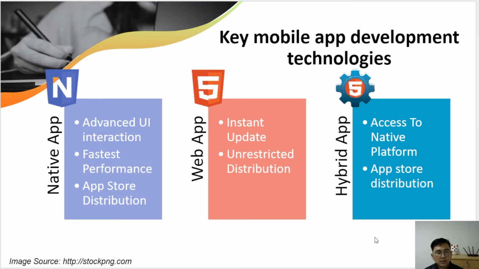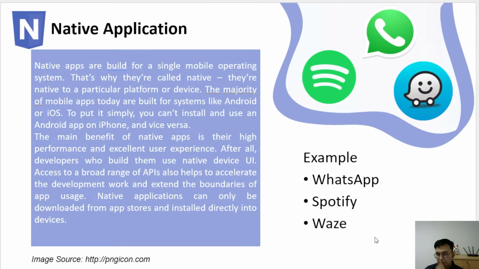Now let's discuss native applications first. For example, we have native applications such as WhatsApp for mobile telecommunication, Spotify for music, or even Waze for checking the traffic on our road.